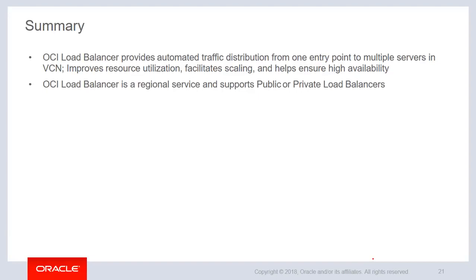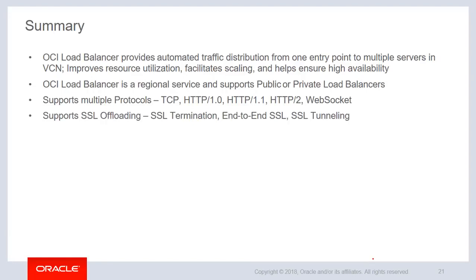OCI Public Load Balancer is a regional service and supports public or private load balancers. We support multiple protocols, as we saw, TCP, HTTP, also some of the newer protocols. We support various forms of SSL offloading, and advanced features like path route set, virtual host names, session persistence, and content-based routing.